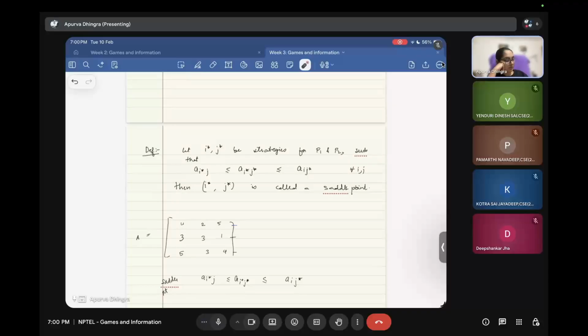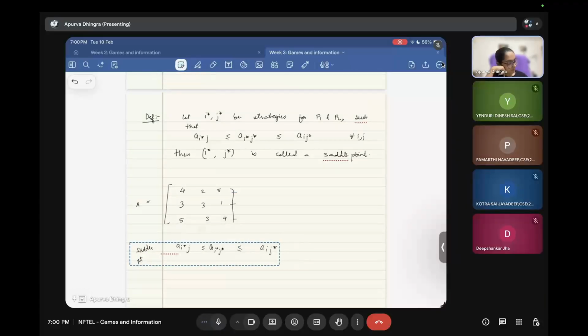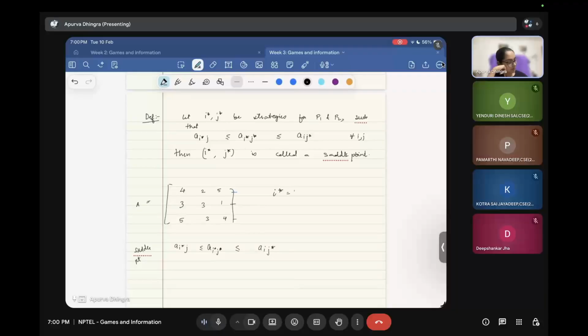So we can look at the example that we had above, example 1, and identify whether the security strategies that we got satisfy this, whether it is actually a saddle point or not. For us that strategy was I star is 2 and J star is 1.